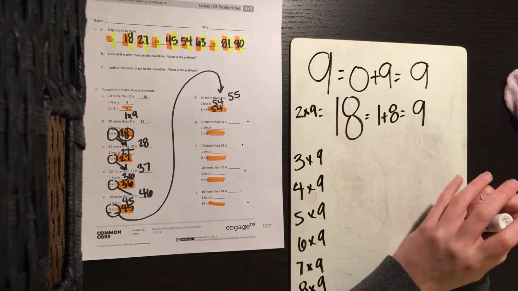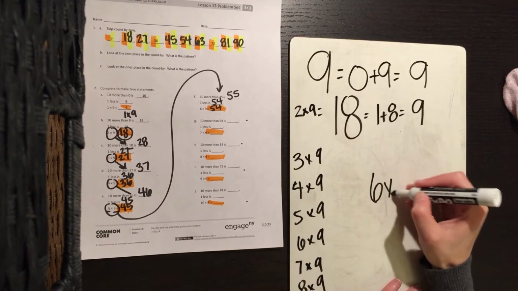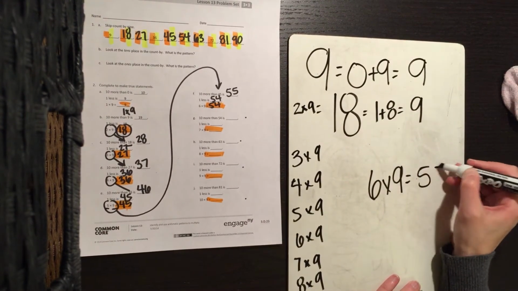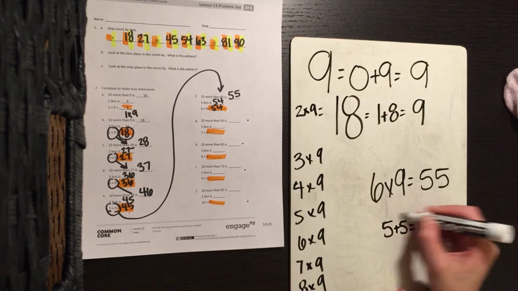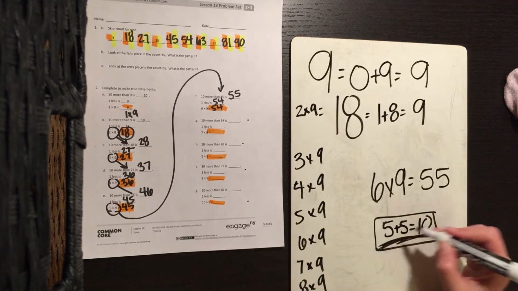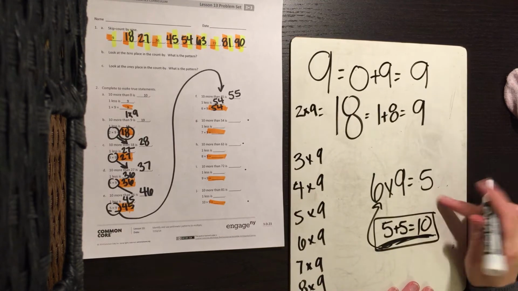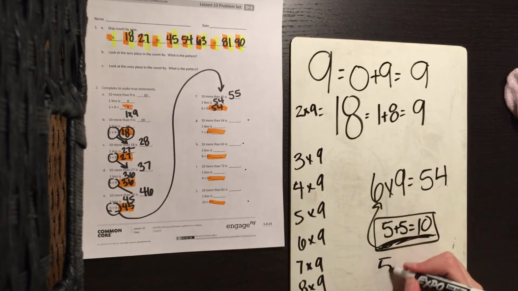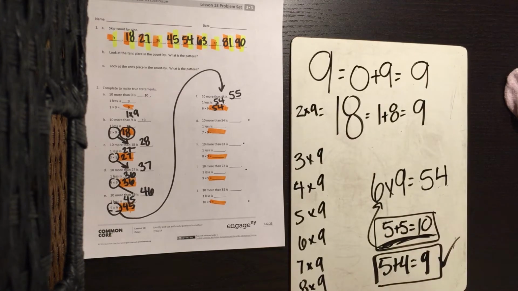Think about how you could use this on a test to check your work. If you're trying to solve a problem like 6 times 9 and you say it's 55 and you add 5 plus 5 together and you get 10, you know that you might have made a mistake. You need to go back and solve again. Oh yeah, 6 times 9 isn't 55, it's 54. 5 plus 4, oh, it equals 9. Okay, so I know that my answer is probably correct.